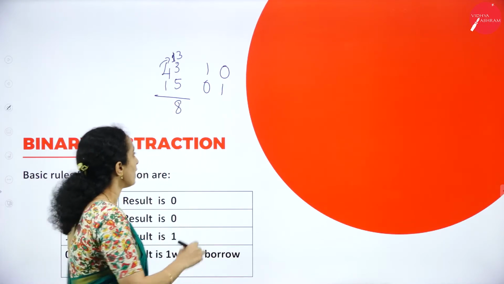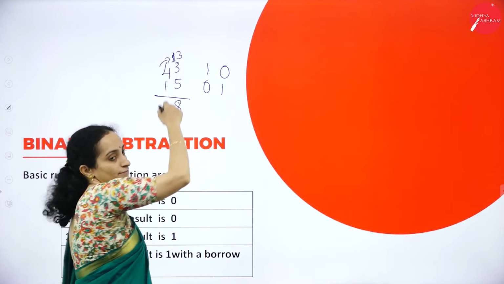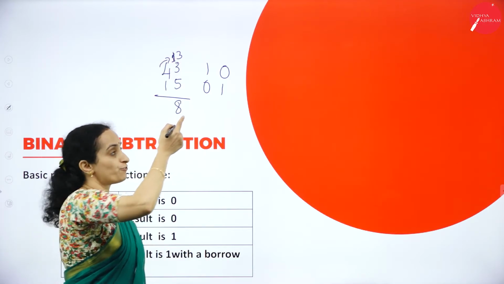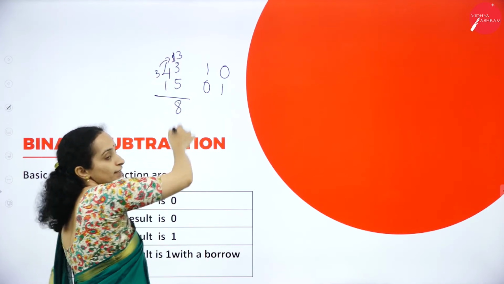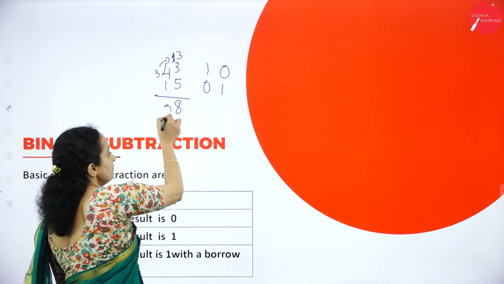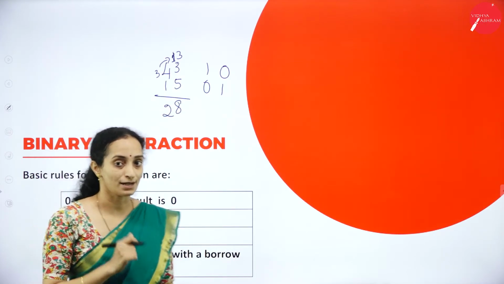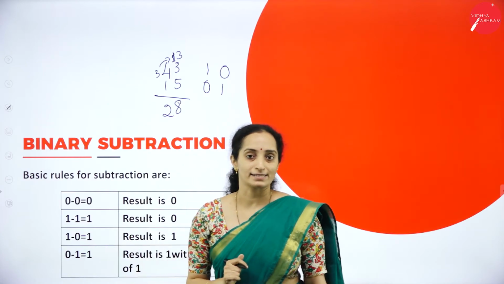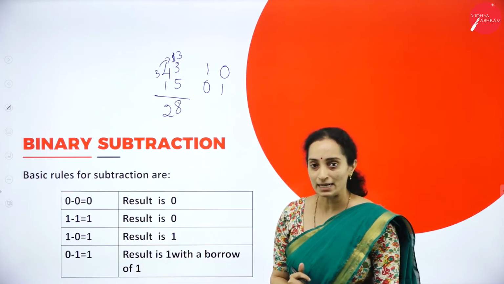Now, since we have borrowed 1 from 4, it will become 3. 3 minus 1 will be 2. This is how we perform the subtraction in the decimal system.